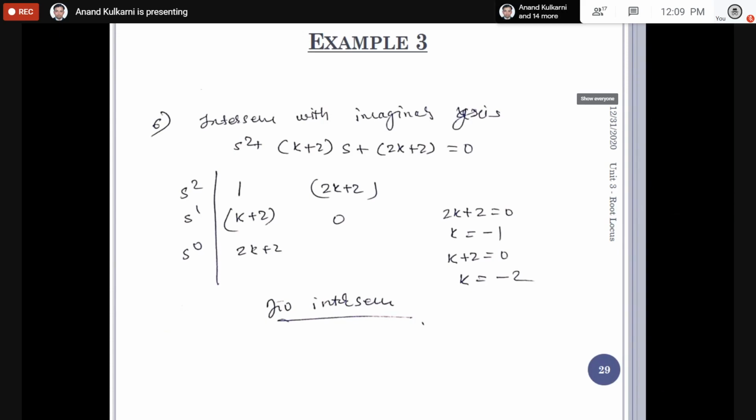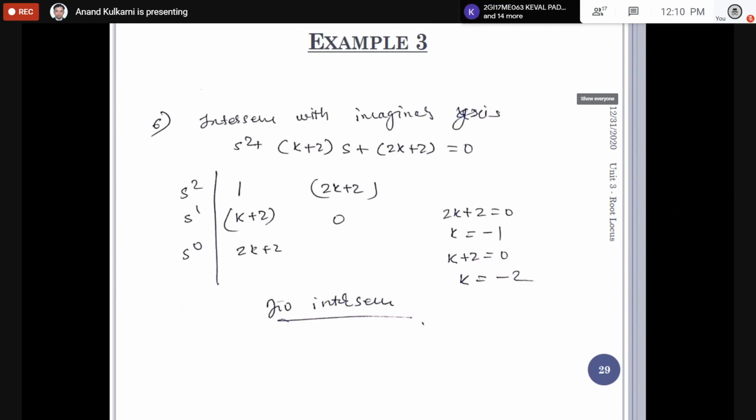So that question does not come into the picture. So what does it indicate? The interpretation of that is there is no feasible value of k where the root locus cuts the imaginary axis. That means the root locus will never cut the imaginary axis. So from that you have to interpret that the feasible value of k is not available for intersection of root locus with the imaginary axis, hence the root locus will not cut the imaginary axis.